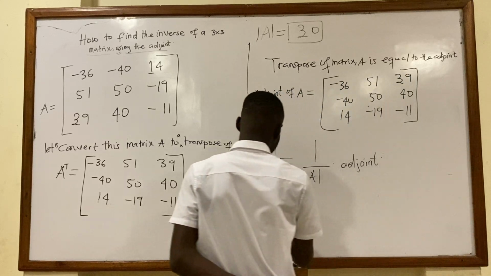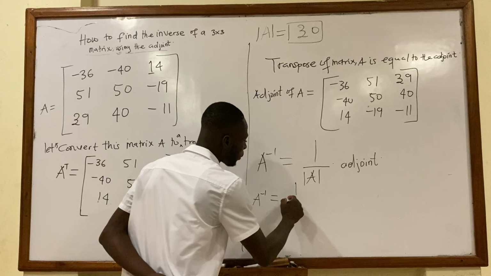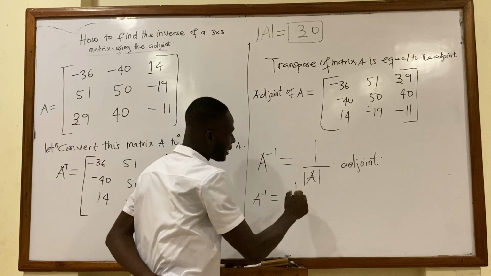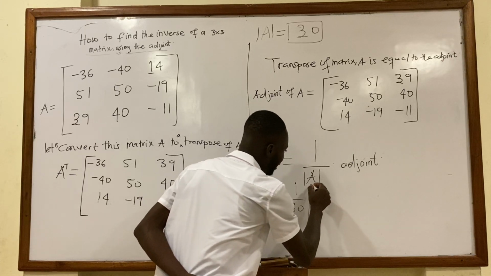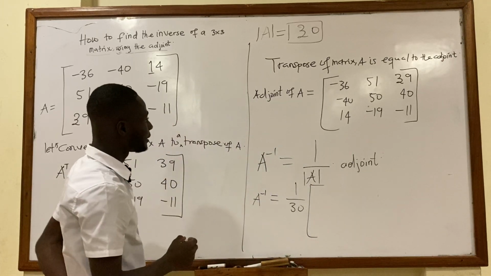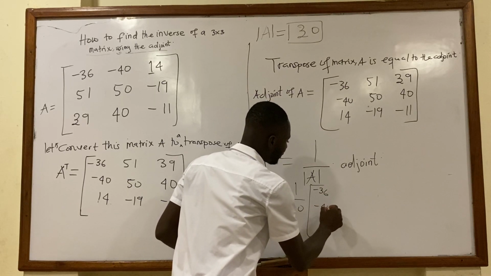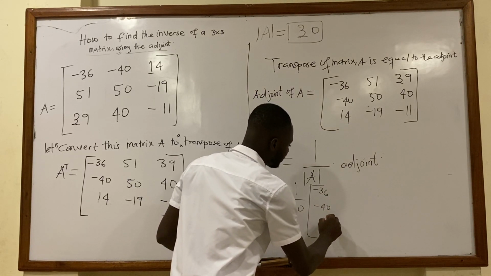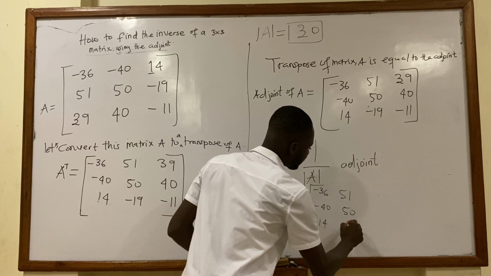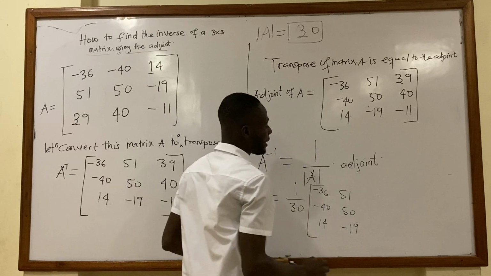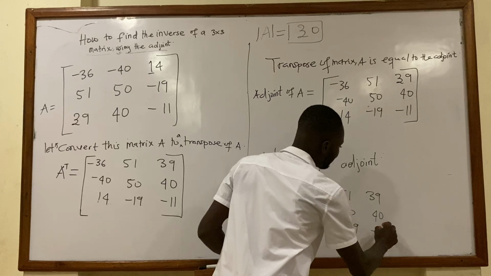So now we have the inverse of A to be 1 over the determinant, which was obtained as 30, so we have 1 over 30 times the adjoint of A, which is minus 36, minus 40, 14, 51, 50, and minus 19, 39, 40, and minus 11.